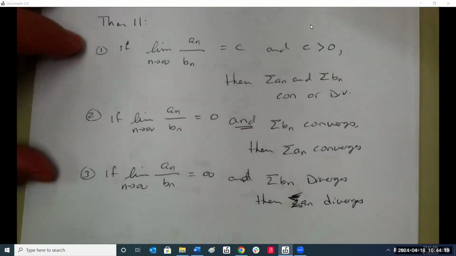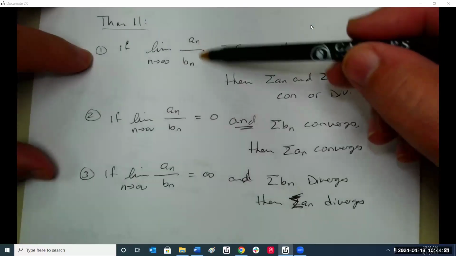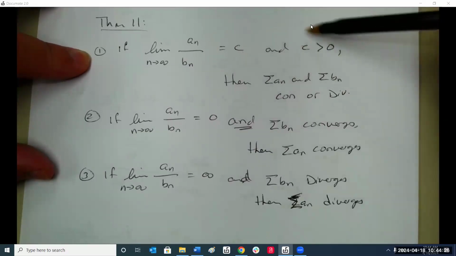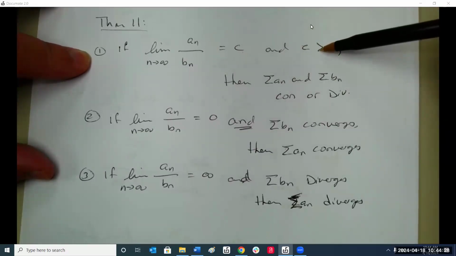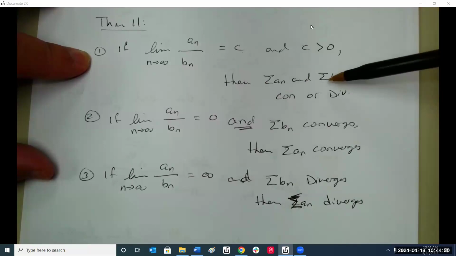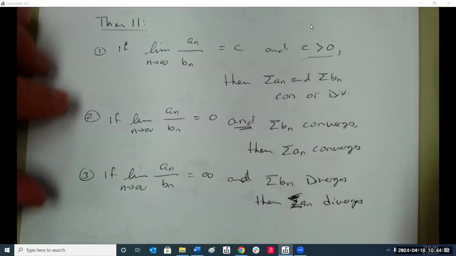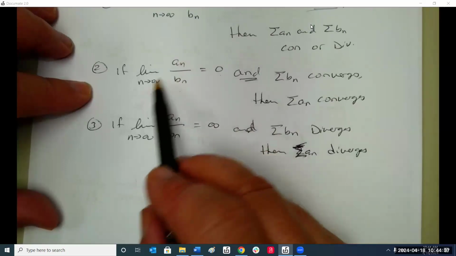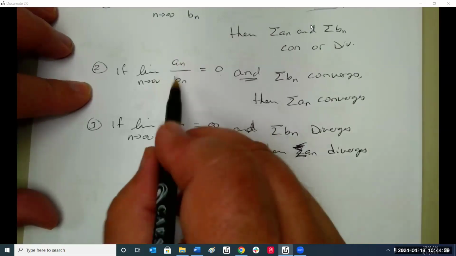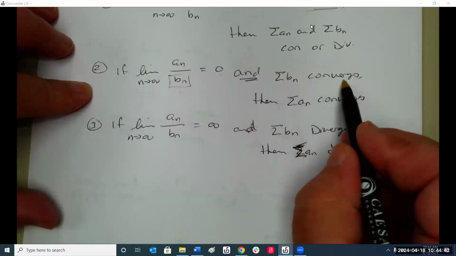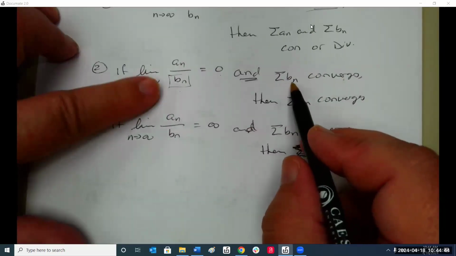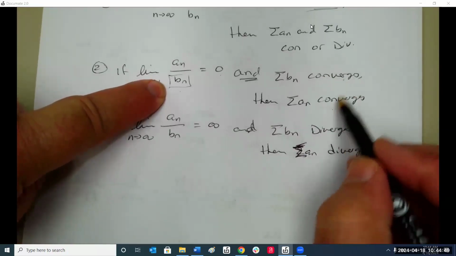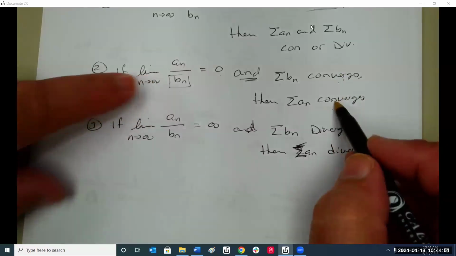So now let's look at the ones that don't exist. Let's say the limit of your ratio equals c, and c is equal to 0. Then we can't do this. It has to be c is greater than 0. If the ratio limit equals 0, check the bottom. Does the summation of all those denominators converge? If it does, then a converges. If b diverges, then a diverges.